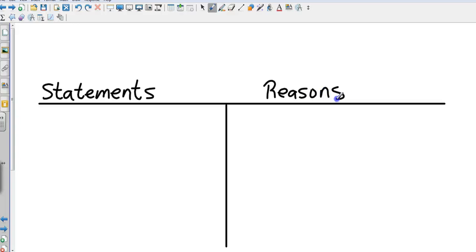They have to be actual postulates or mathematical terms that we have used. So let me get to an example. Let's look at example 2 on page 93, example 3 on page 93.